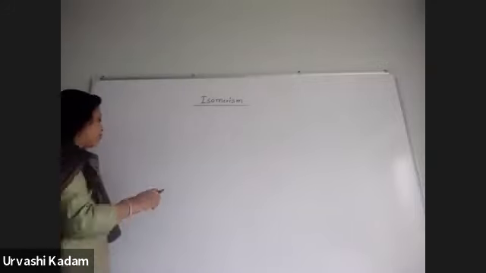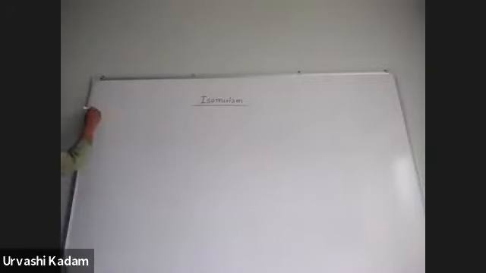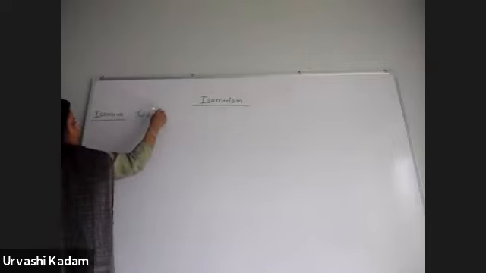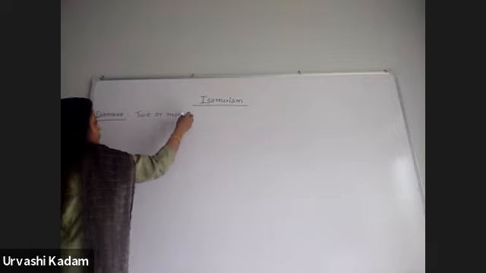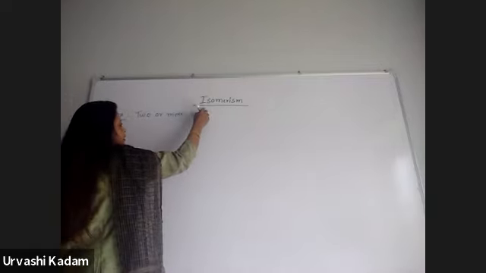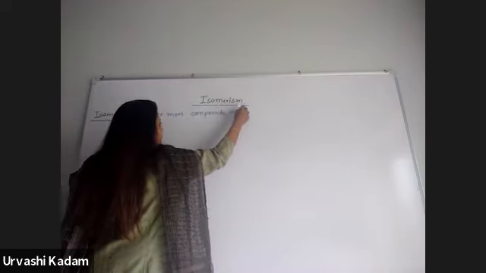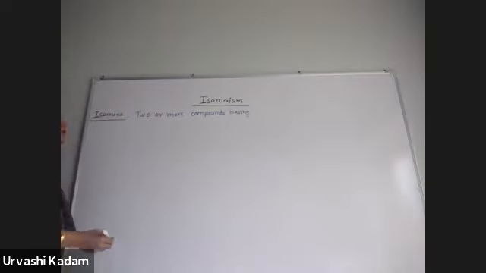Isomers किसको कहते हैं? So isomers are two or more compounds with the same molecular formula but different in properties. They will differ in properties. So we have to write the definition of isomer. Isomers are two or more compounds which share the same molecular formula, but they differ in their properties.